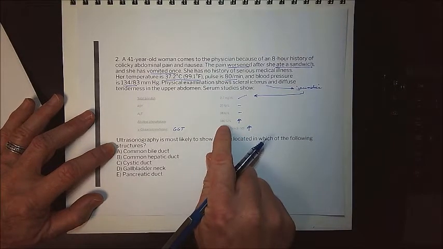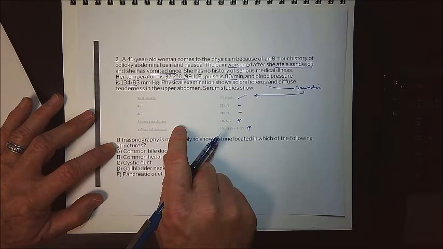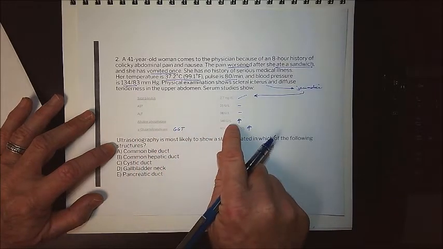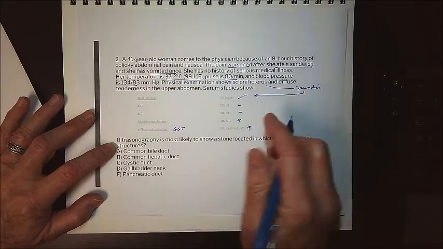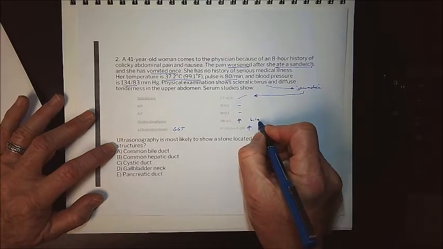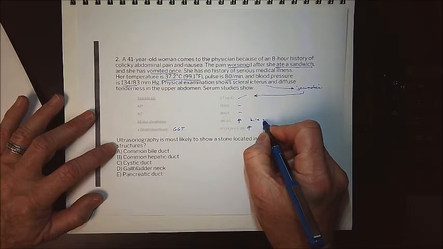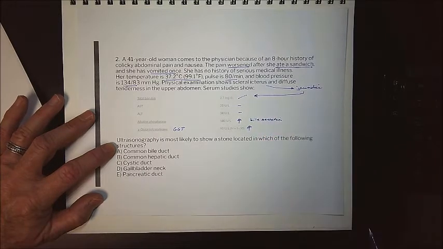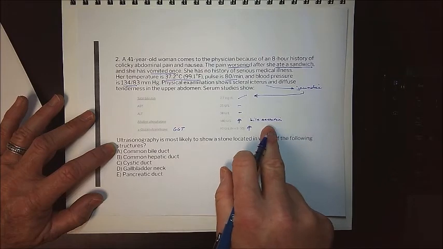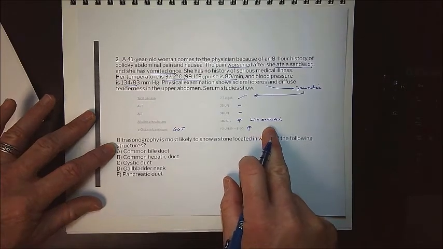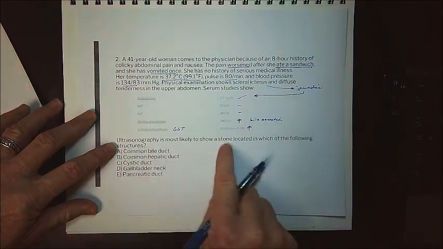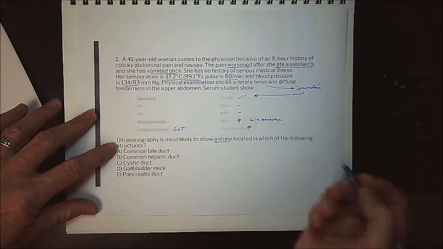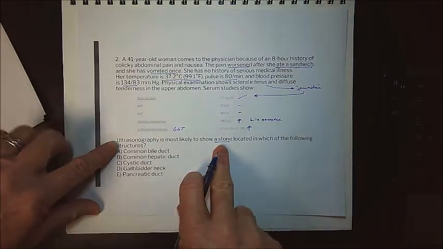We have increases in alkaline phosphatase. Now, increases in alkaline phosphatase, alk-phos, typically suggest a bile secretion issue. Okay, so this might be a problem with the biliary tree, bile delivery. So we're looking for a stone.